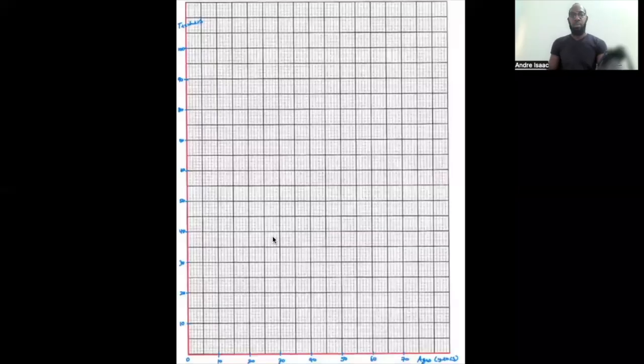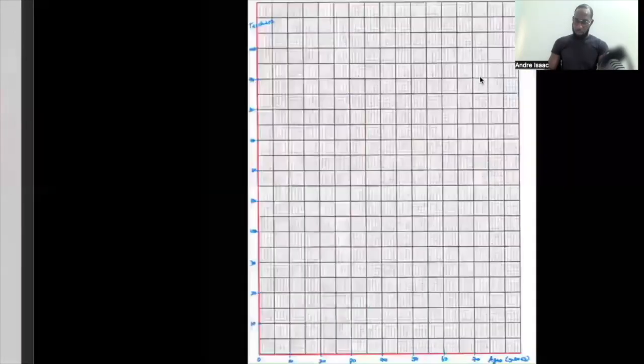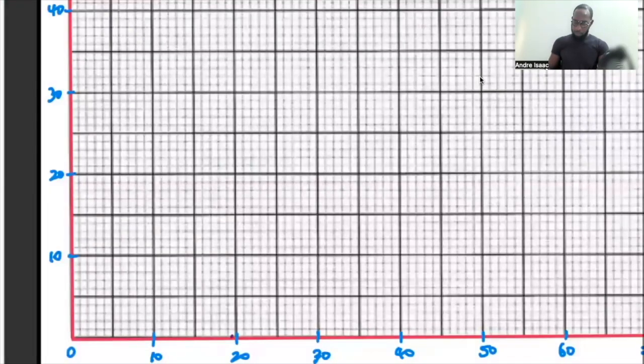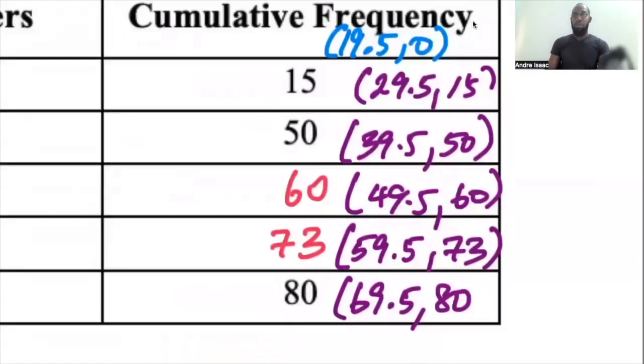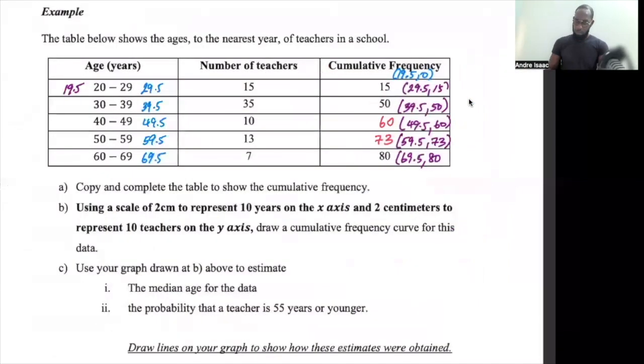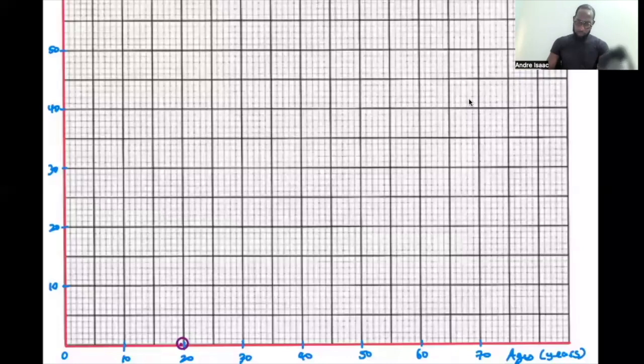All right. So we plotted our first point, and that will be 19.5, 0. 19.5 is right here. All right, next point, 29.5, 15. Right, 29.5 going up to 15.